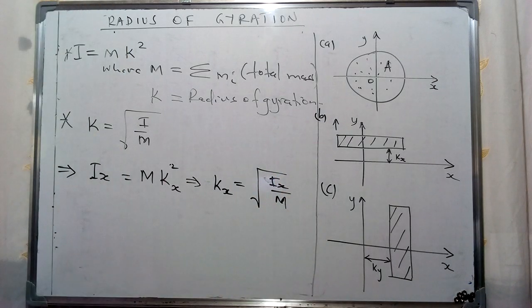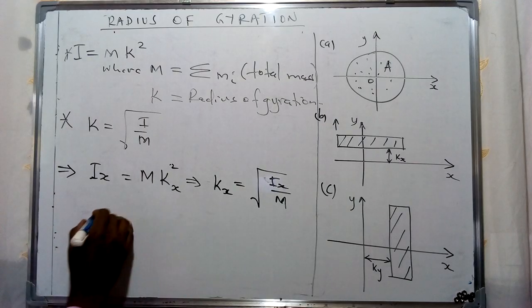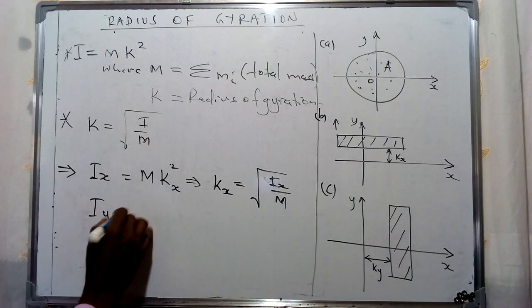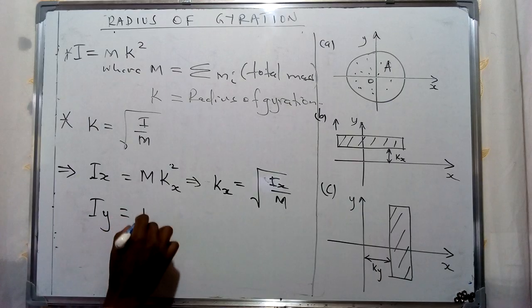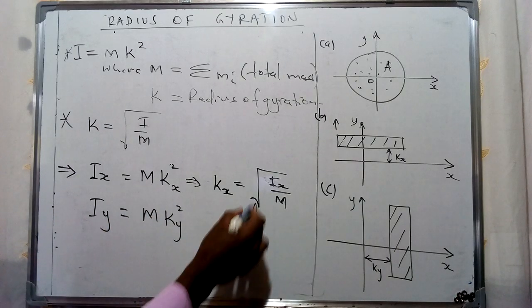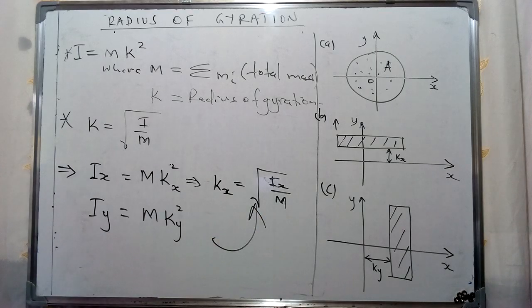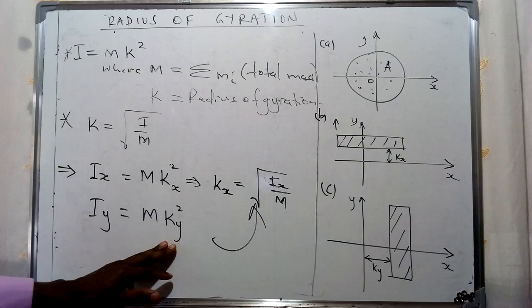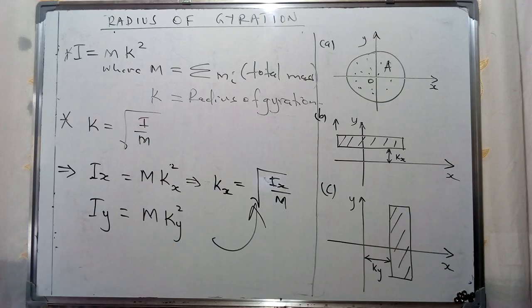Similarly, we can have the moment of inertia with respect to y given as m ky squared, with the radius of gyration with respect to the y-axis given as that.